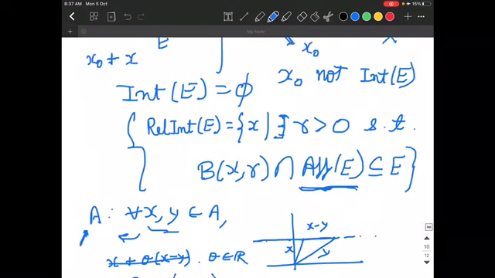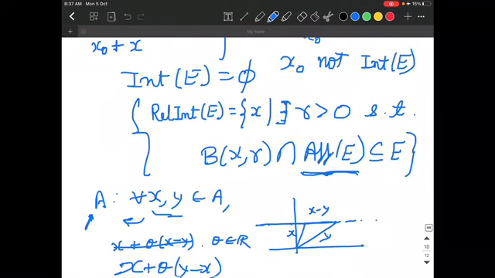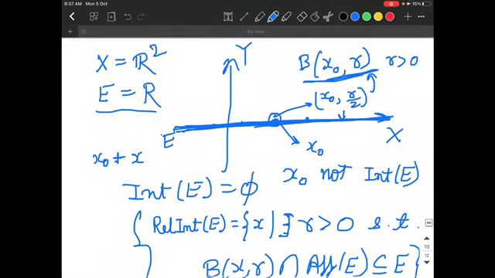So coming back to this relative interior, the relative interior is the set of all x such that there exists some ball around it, with radius r greater than 0, such that the intersection of this ball with the affine set of E is completely inside E. So we can look at it with a different example.